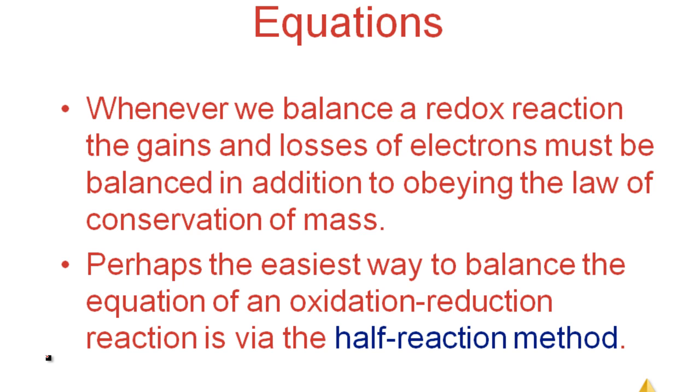We look at the number of elements on each side, and we make sure that the total number of each element is the same. That is how we balance the equations. But in oxidation reduction reactions, we have to do an additional step: the gains and losses of electrons also must be balanced.